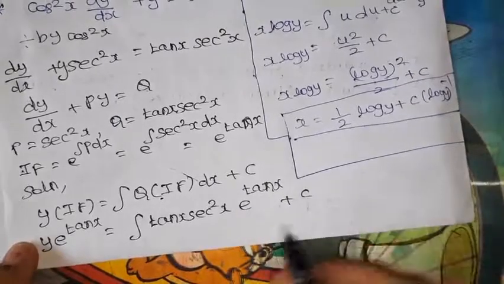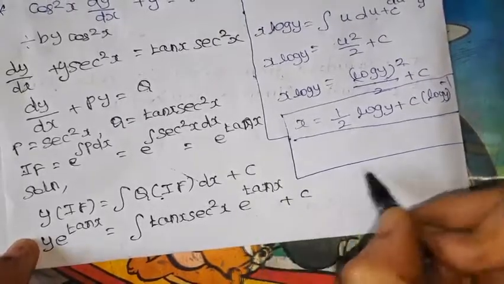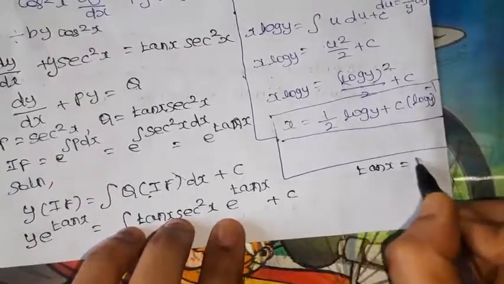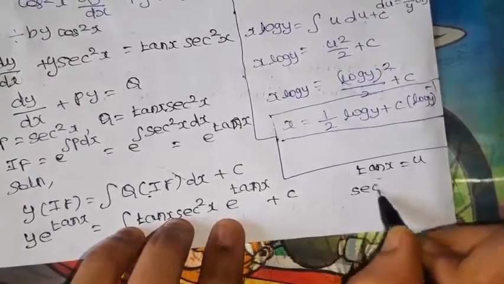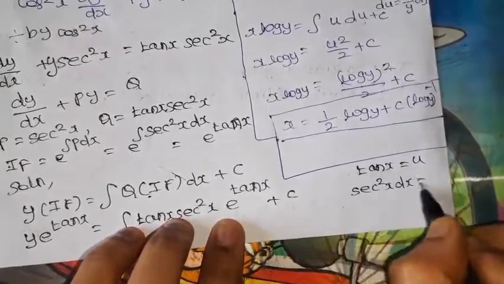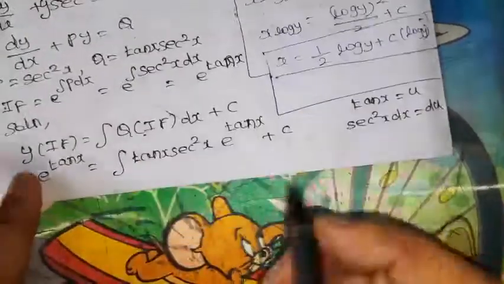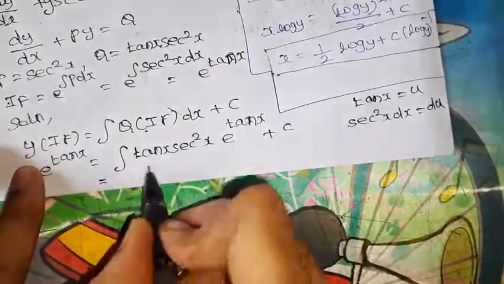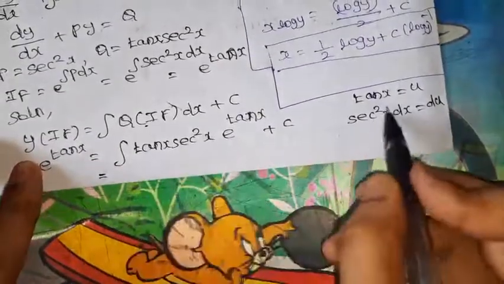See here, put a substitution: tan x equals u, then secant squared x dx equals du. Substitute in this equation.